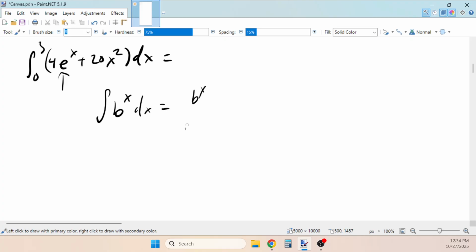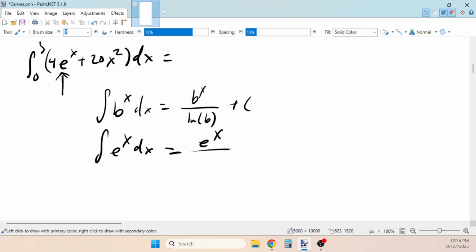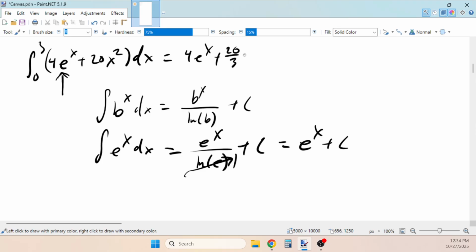You're going to get dx divided by the natural log of this one here, over the natural log of e, and anything divided by, plus thirds, 3 evaluated.